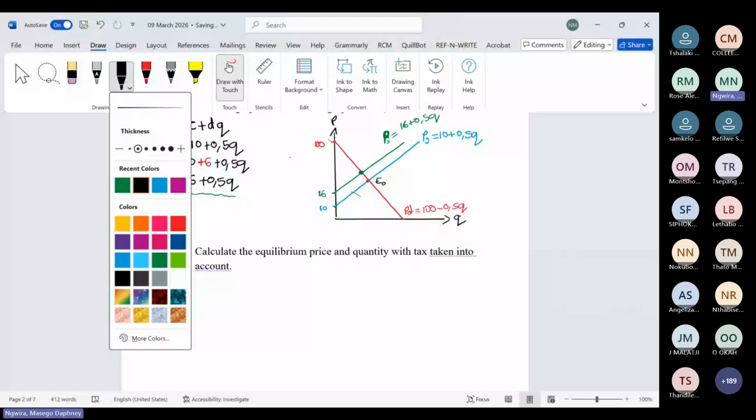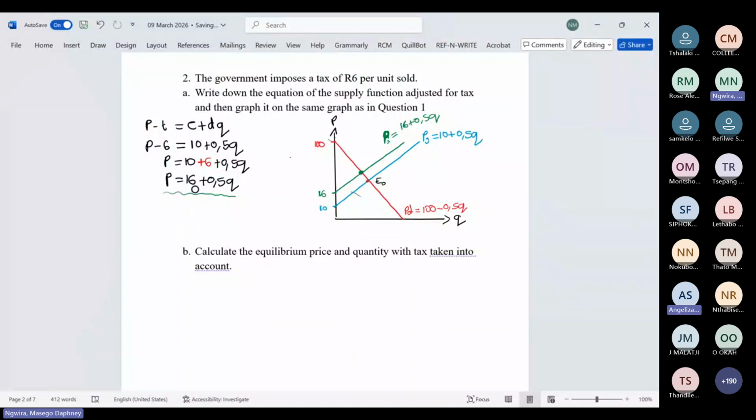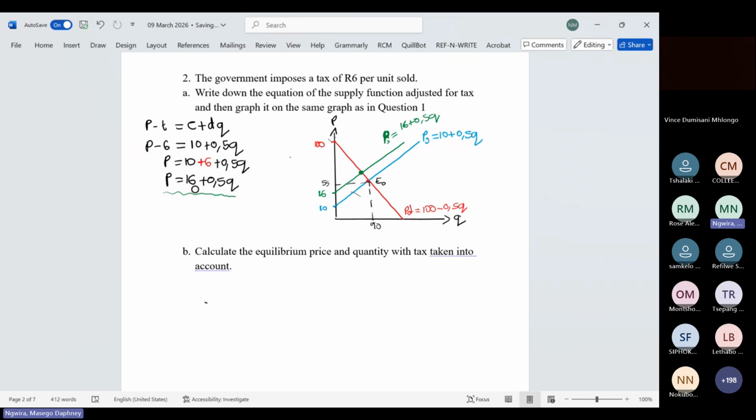They didn't say anything about equilibrium after tax. So we're going to see that on the second question. Let me just put what I already had. This was 90, and this one was 55. My graph is not drawn to scale.